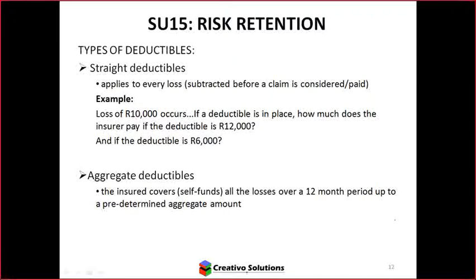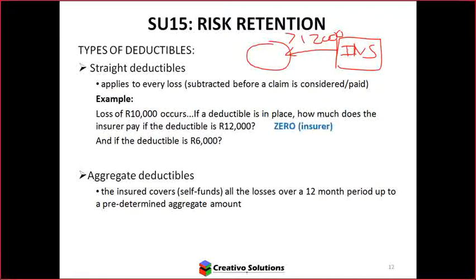The business has taken out insurance with a deductible of 12,000, meaning only losses in excess of 12,000 will be covered by the insurer. Does that make sense? Yes. So nothing will be paid by the insurer. Who pays for the loss of the business? The insured. What happens if the deductible is 6,000?